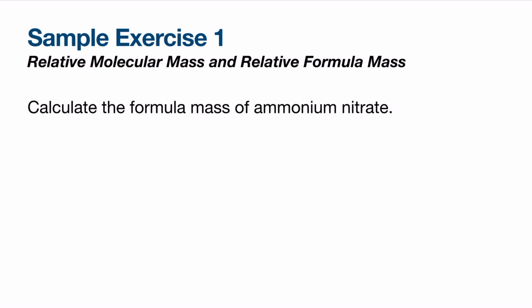Now, in this exercise, the first thing that we need to do is to write the formula for ammonium nitrate. In writing the formula of an ionic compound, the cation always comes first, and then followed by your anion. So as we can see here, ammonium ion has a symbol of NH4+.